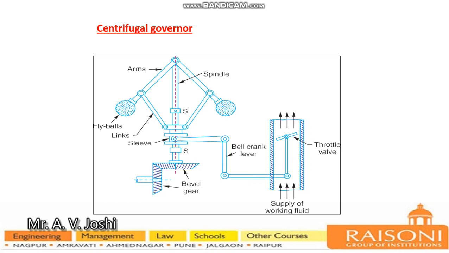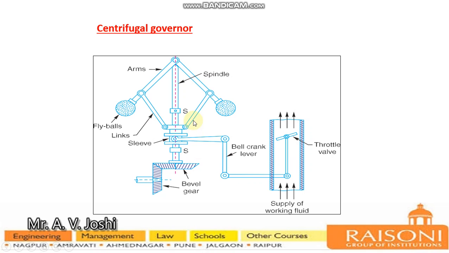This sleeve revolves with the spindle but can slide up and down. The balls and the sleeve rise when the spindle speed increases and fall when the speed decreases. In order to limit the travel of the sleeve in the upward and downward direction, there are two stops, S1 and S2.